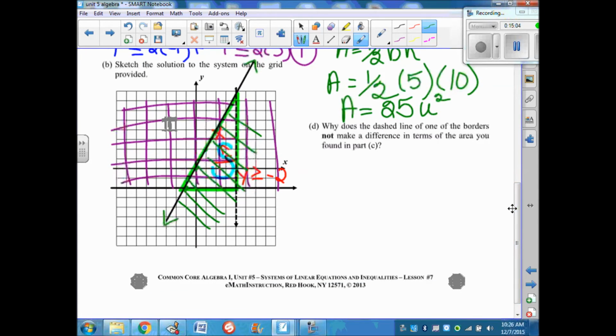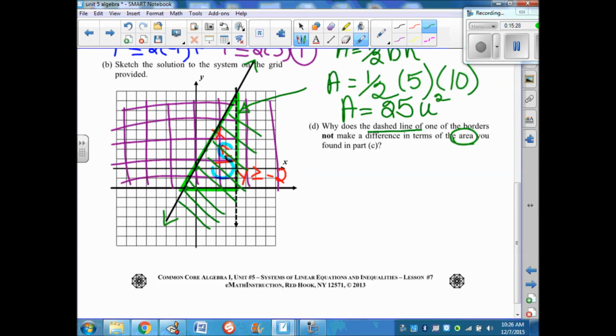And it says, why does the dashed line on one of the borders not make a difference in terms of the area? Think about what area means. So does this dotted line right there make a difference to the area? The area is that space inside, so it doesn't matter whether we include that dotted line or not.